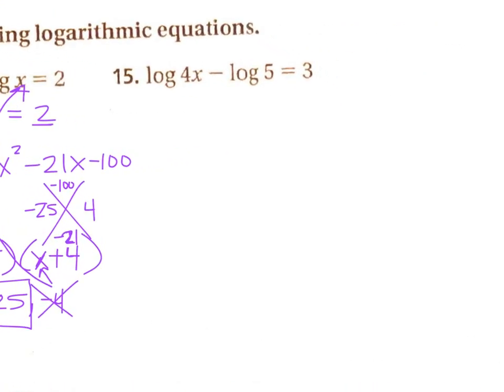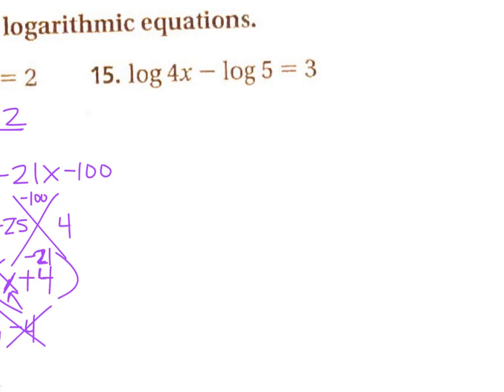Okay, number 15. Now this one's subtraction. Remember, subtraction correlates with division. So we're going to say it's the log, and then we're going to divide. Remember, we're writing this as a single log is kind of how they always said it. We're going to divide, so 4x on top and 5 on bottom equals 3.